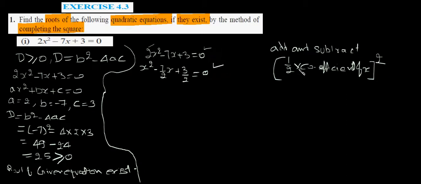Here the coefficient of x is minus 7 by 2. So I will add and subtract 1 by 2 into minus 7 by 2, whole square, to this equation. So let us see how it will look.